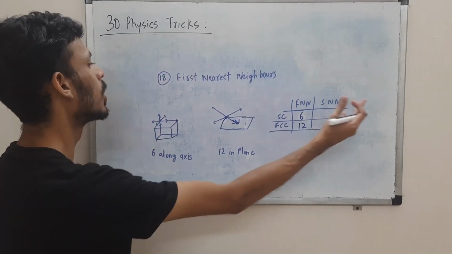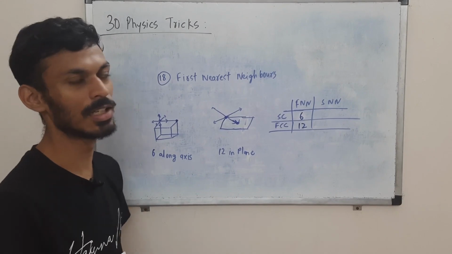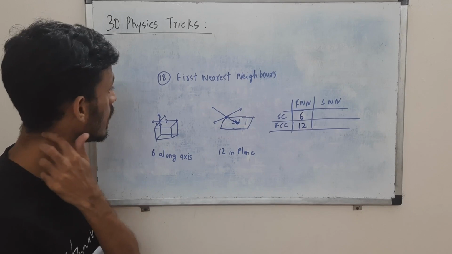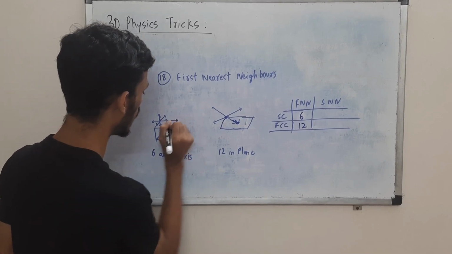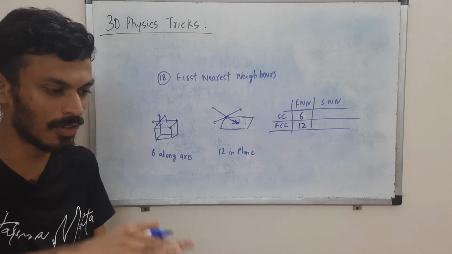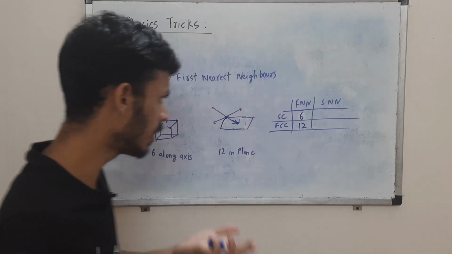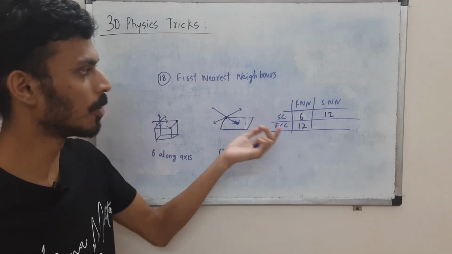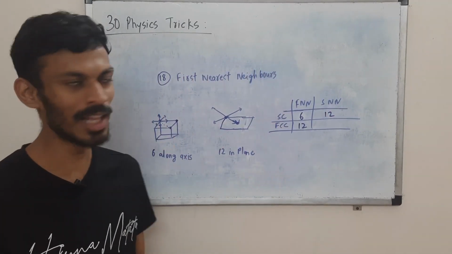And you can also proceed with this logic to find the second nearest neighbor. So if you see, for simple cubic, the second nearest neighbor is in the plane now, right? This is along the diagonal in the face plane. So for simple cubic, since it is in the plane, it will be 12, as I told you.